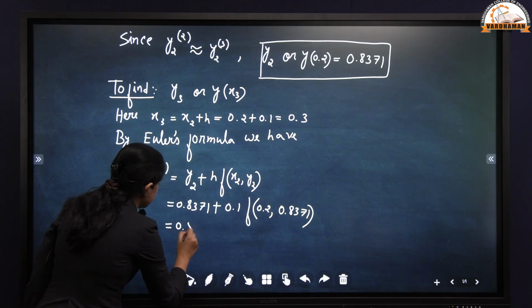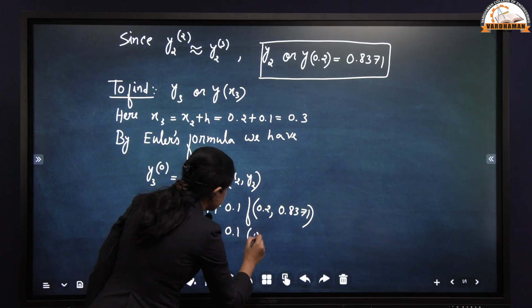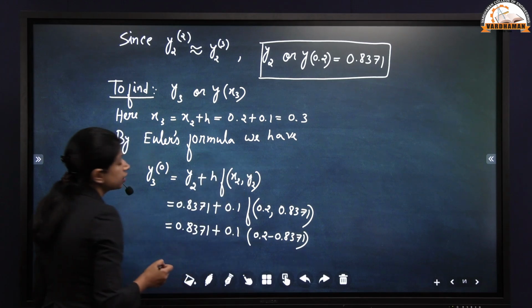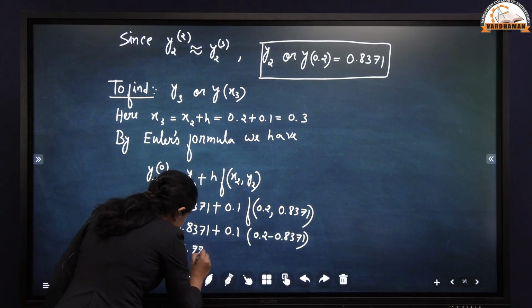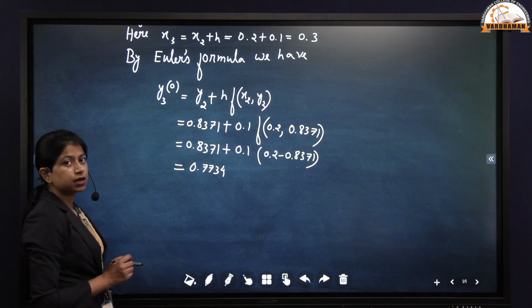We get 0.8371 plus 0.1 into (0.2 minus 0.8371). If we compute this value, we will get 0.7734. Next, using modified Euler method, we will find y3¹, y3² and so on.